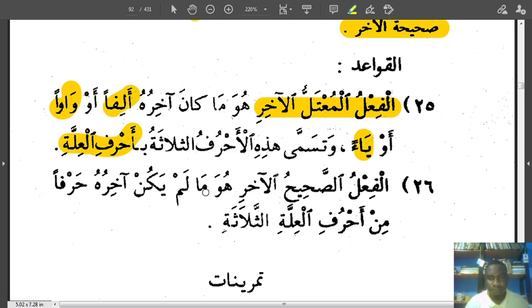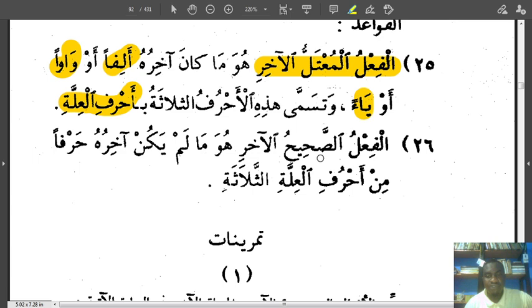Okay, and it says الفعل الصحيح الآخر, the strong ending verbs or the consonant ending verbs, huwa ma lam yakun akhiruhu, it is that whose ending is devoid of harfan, a letter, min ahruf al-illa as-salasa, it is that which is devoid of the three weak letters.